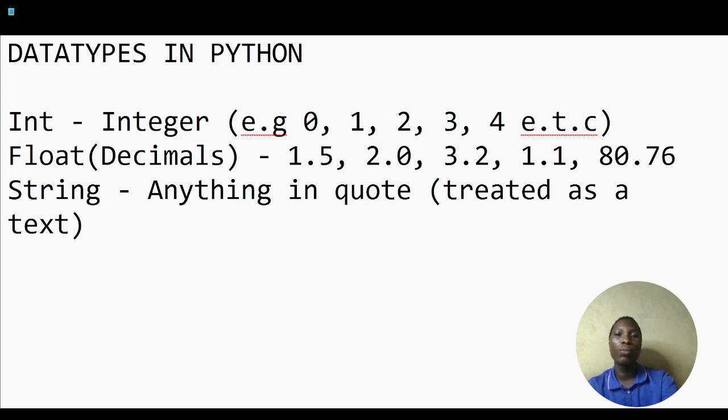Even if you put a number in quotes, that number will be treated as if it's text. It's called a string. It won't be treated as a number again because you have put that number in quotes. All right, so that's what you need to know about data types.